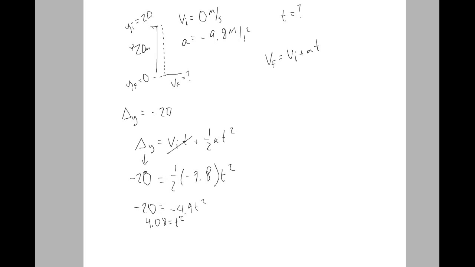So take the square root of that, and you get t equals 2.02 seconds. So that is a little taste of free fall, along with some practice with your kinematic equations.